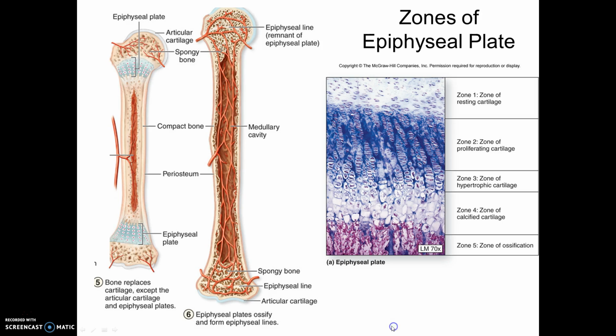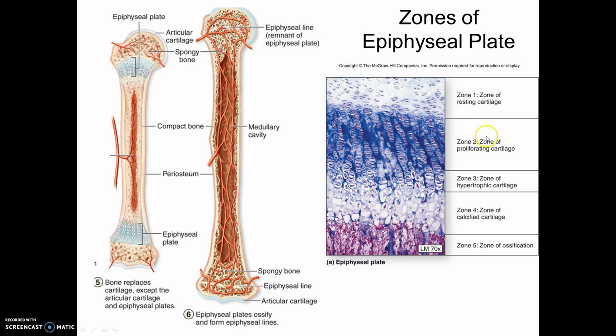We'll start up here with the zone of resting cartilage, which would be up towards the proximal epiphysis. The zone of resting cartilage is the furthest away from the medullary cavity of the diaphysis, and it consists of small chondrocytes within a matrix of hyaline cartilage, their extracellular matrix.